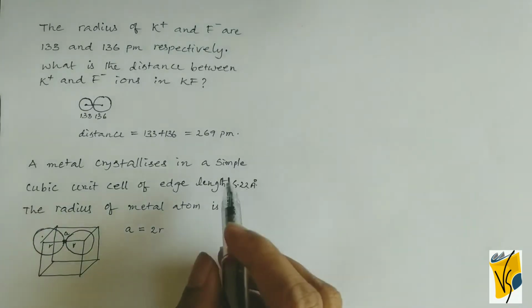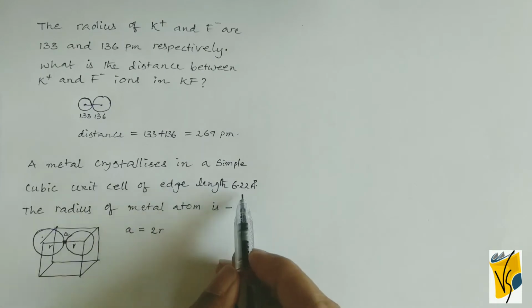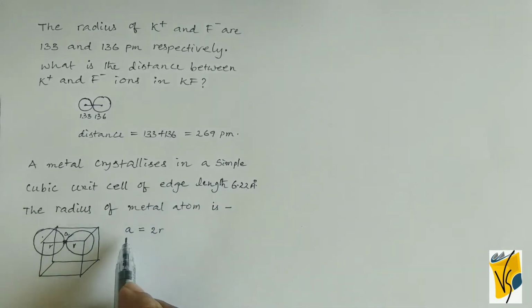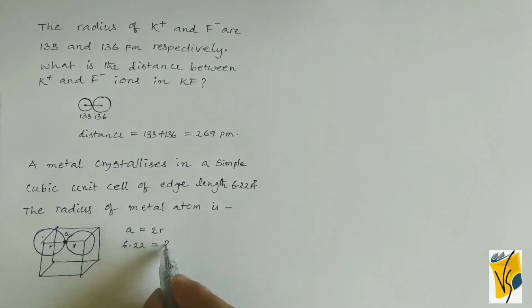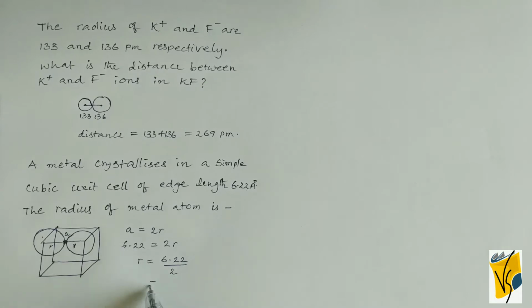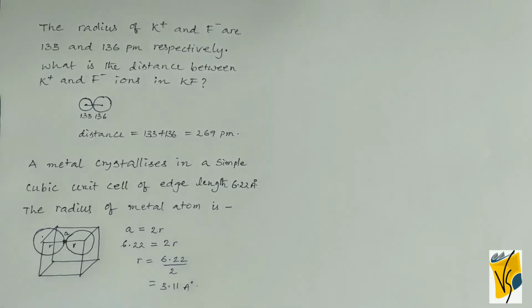So now what is given here? Edge length is given. Okay, so that is nothing but 6.22 angstroms, and radius we have to find out. So that is equal to 2r. Now r is equal to 6.22 divided by 2. Okay, so that is equal to 3.11 angstroms. Right.